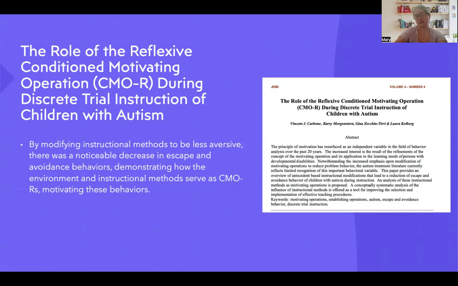So remember that reflexive is something that we want to avoid. As a conclusion, what I learned is that once we modify the instructional methods that we use with our learners, these CMO-Rs change as a result.